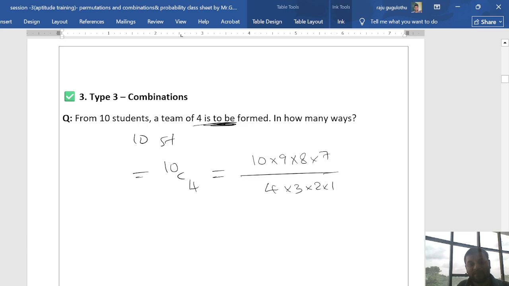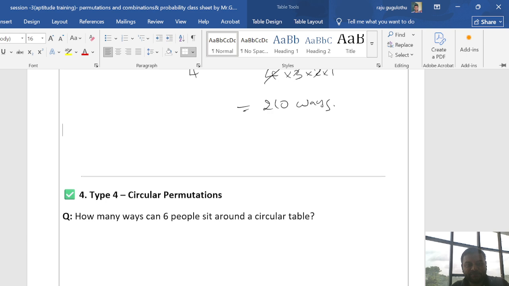This many ways. So 4 into 2, 8 can be cancelled, 3 times can be cancelled. So there are 210 ways to select 4 students out of 10 students. Let us go to the next question, friends.